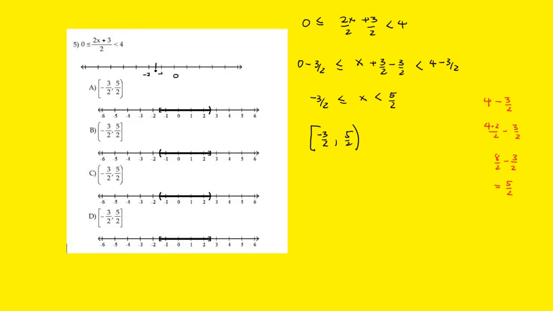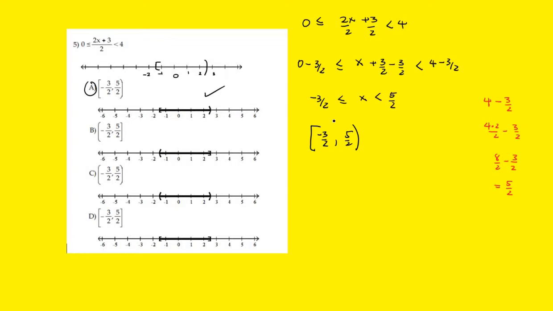It's negative 1.5, so here we put the bracket, included, and we go all the way to 5/2, which is 2.5. It's somewhere here, and that's it. It's A. Yay!